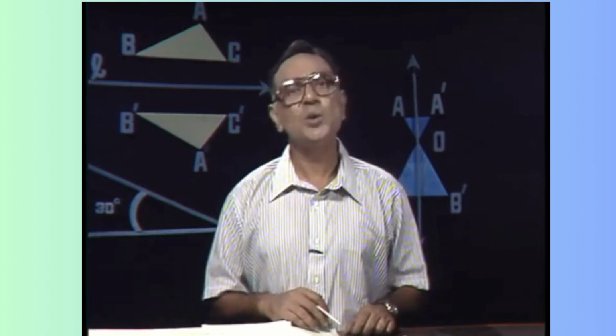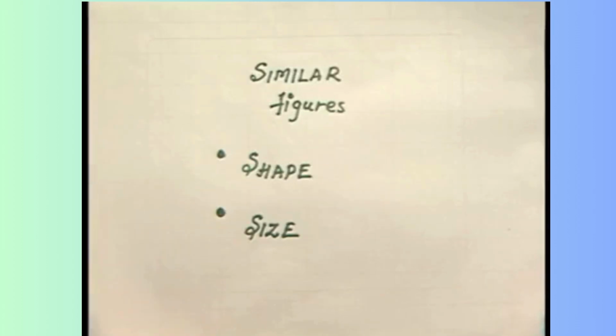So what do we say about similar figures? Similar figures have same shape but their size may be same or it could be different. But by just looking at the figures, it becomes a problem for us to decide whether they are of the same shape or not, because looking at the figures could be deceptive at moments.